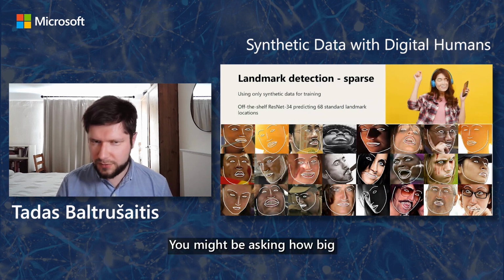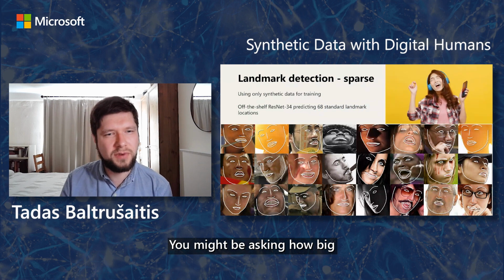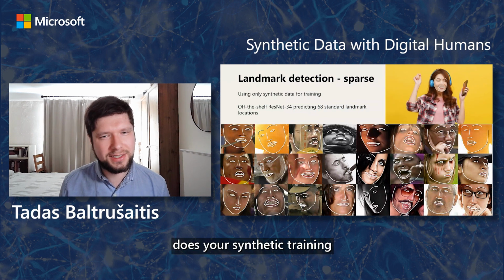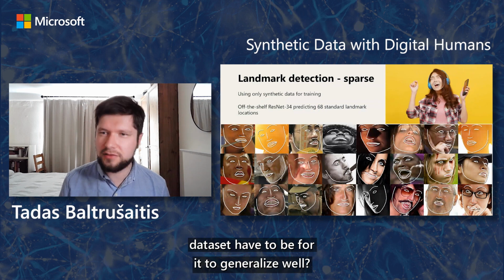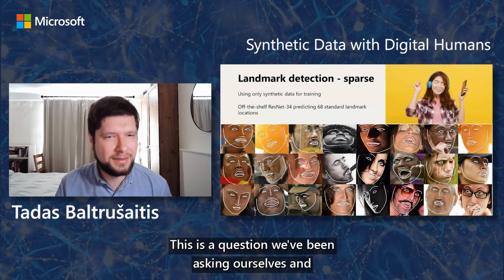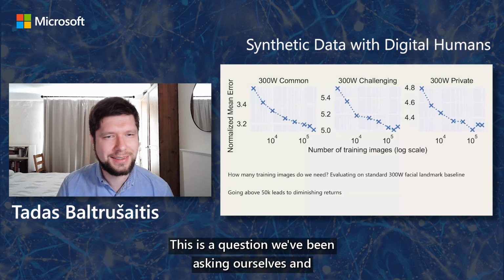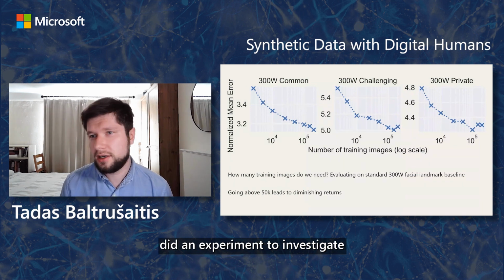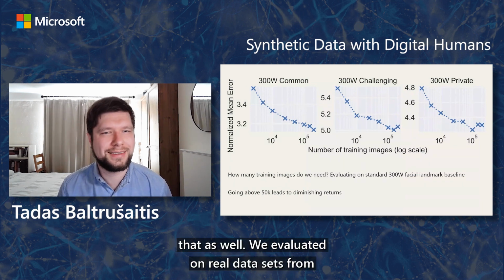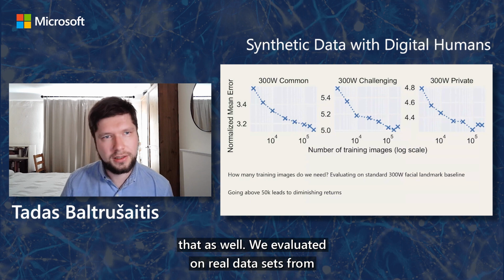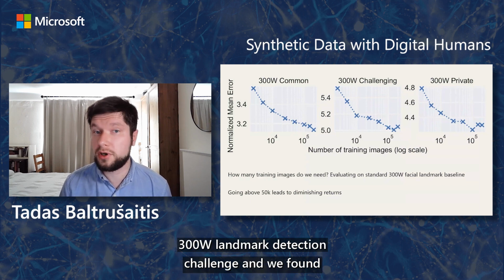A lot of you might be asking how big does your synthetic training data set have to be for it to generalize well? This is a question we've been asking ourselves, and we did an experiment to investigate that as well. We evaluated on real test sets from the 300W landmark detection challenge.